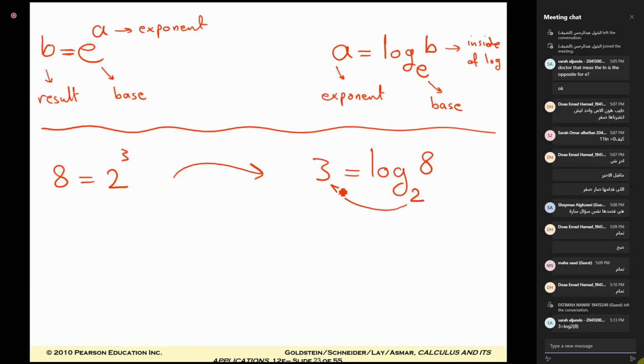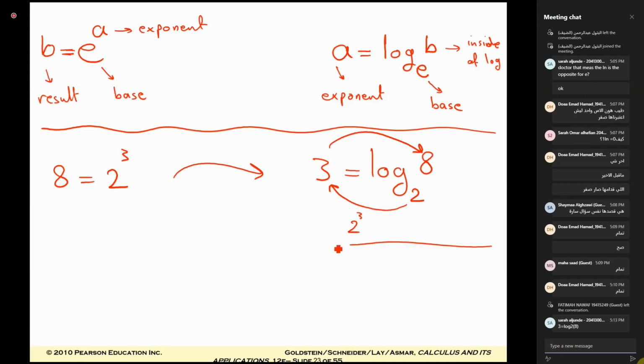So look at this: 2 to the power 3 must be equal to what is inside the logarithm.